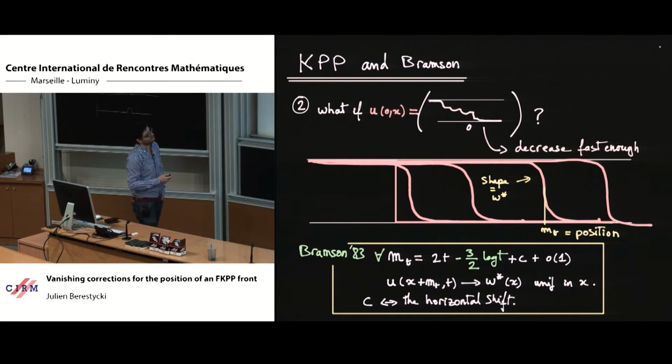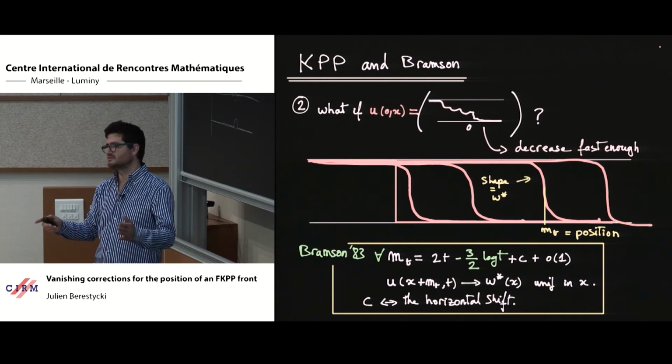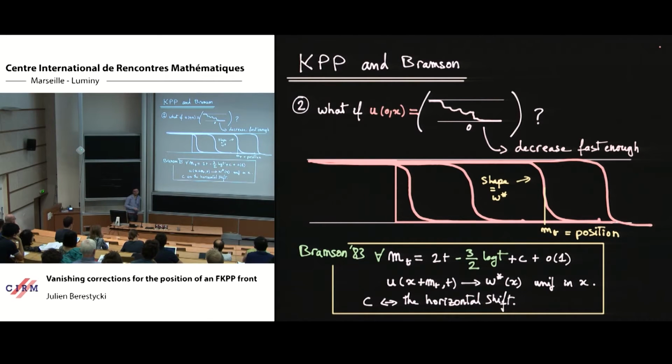And so what does decrease fast enough mean? I don't want to go into detail, I'll give a hint later on. But you can think of something which is 0 after some point, so which reaches 0 in finite distance. So essentially the Heaviside initial condition plus a compactly supported perturbation. Okay?